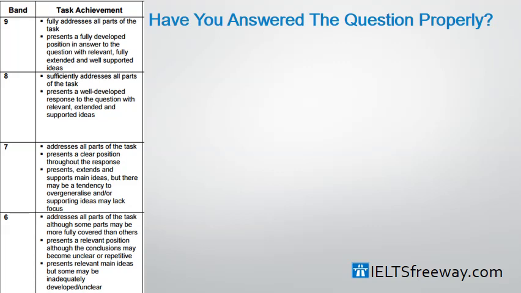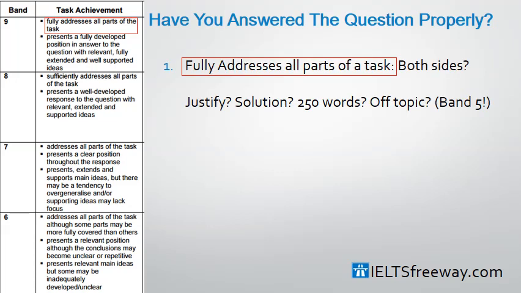From my last videos, you'll know that there are different types of questions, 3 main types. There's a question type where you have to discuss both sides of an argument. Now, if you only discuss one side of that argument, you haven't fully addressed all parts of the task, so you lose marks.